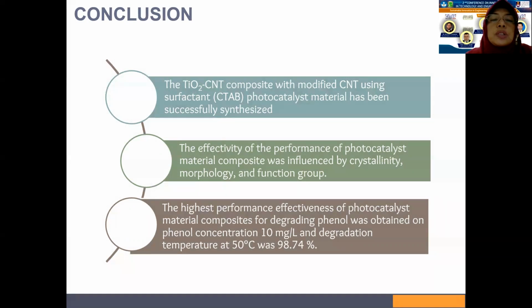The TiO2 CNT composite with modified CNT using the surfactant CTAB as a photocatalyst material has been successfully synthesized.